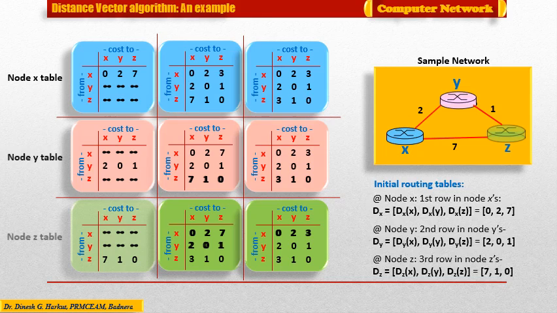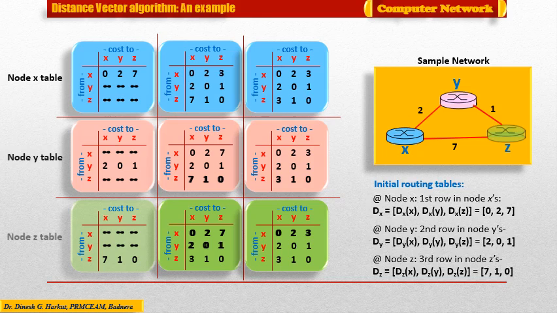At this point, since no update messages are sent, no further routing table calculation will occur and the algorithm will enter the wait state. That is, all nodes will be in the wait state.